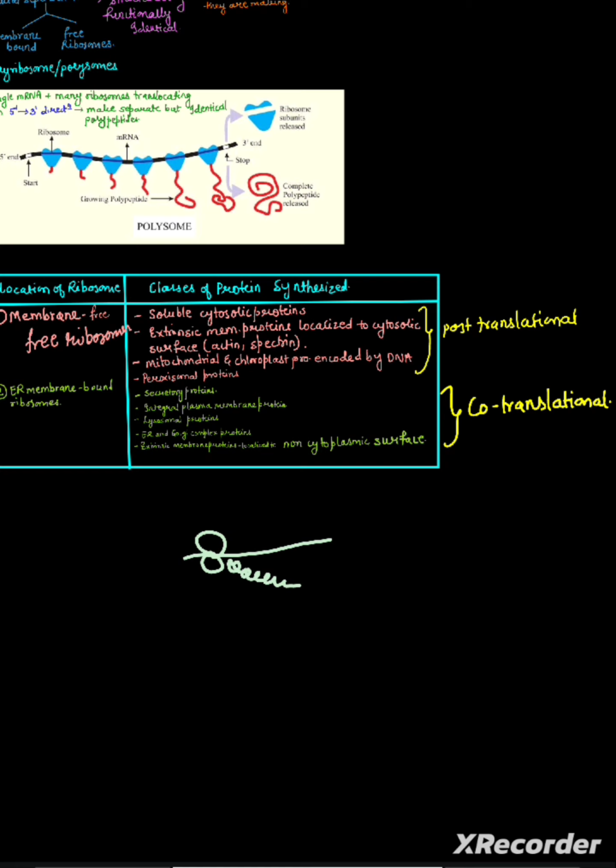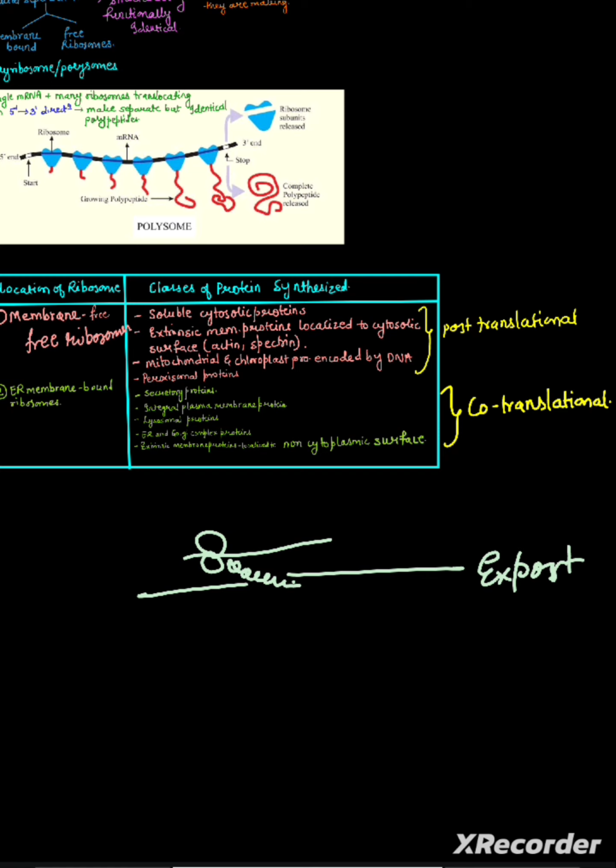As translation occurs, at the same time it will start its journey of export. This particular machinery will start exporting this protein to where it was always supposed to go. It will start moving out of the cell so that it reaches its location.